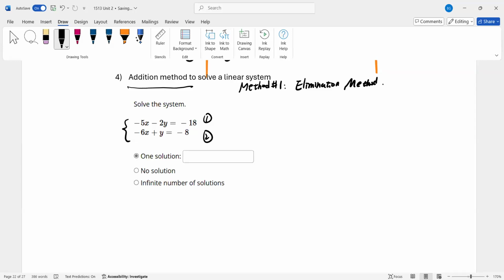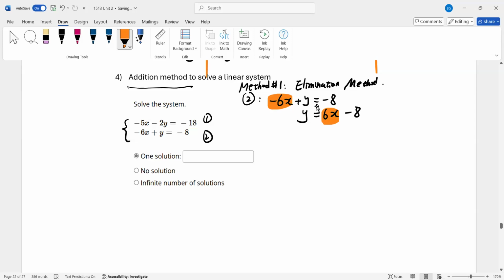And I look at the 2 equations. I'm going to start with equation 2. Equation 2 is negative 6x plus y equals negative 8. And I can quickly write y in terms of x. y equals positive 6x minus 8. Okay, let me explain my strategy, my technique. Very useful, very convenient.